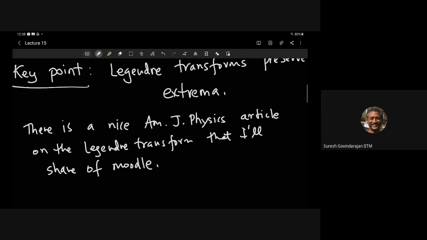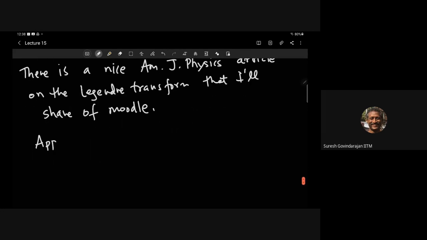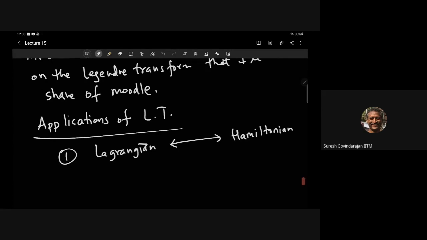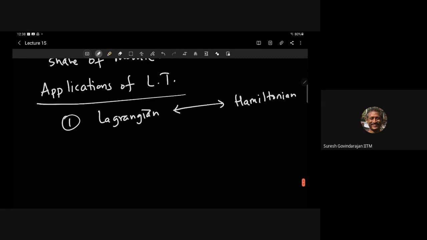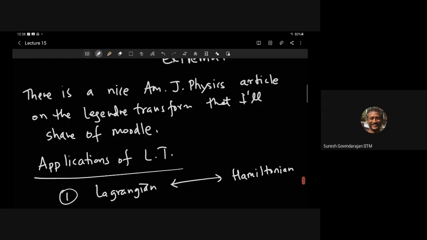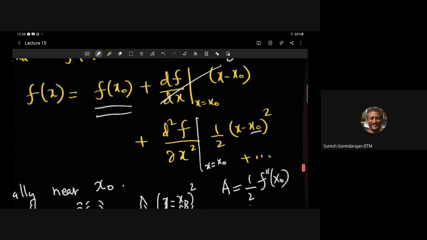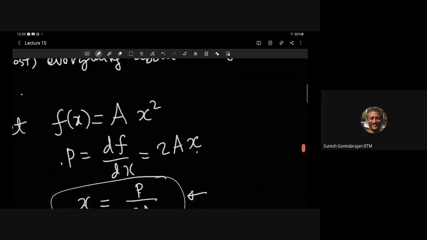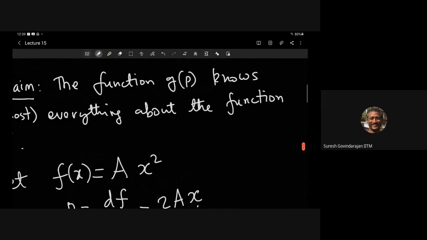Okay, so applications of Legendre transform. One we have already seen: we go from Lagrangian to Hamiltonian. One more thing I want to emphasize is that if you do it two times, you go back to the original function.